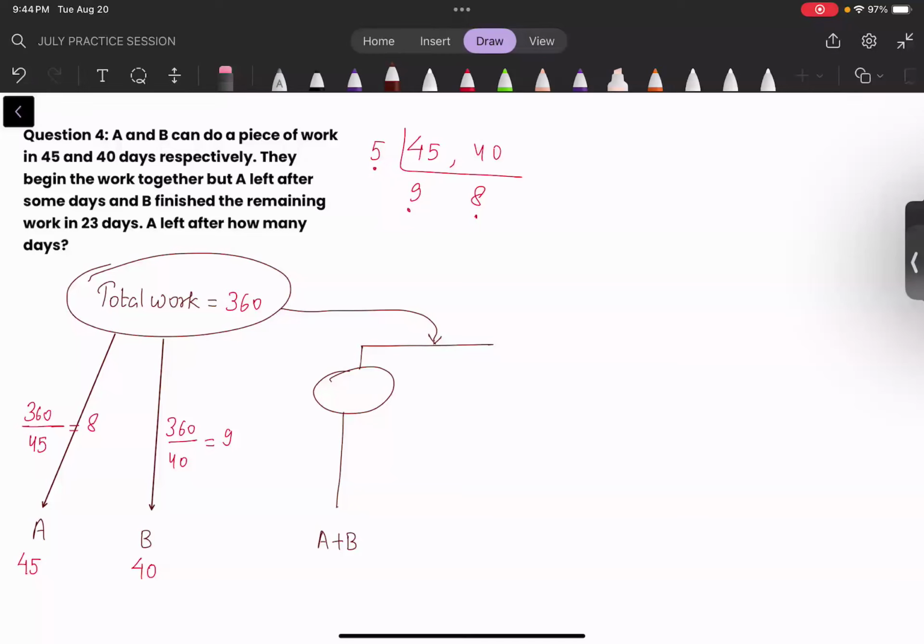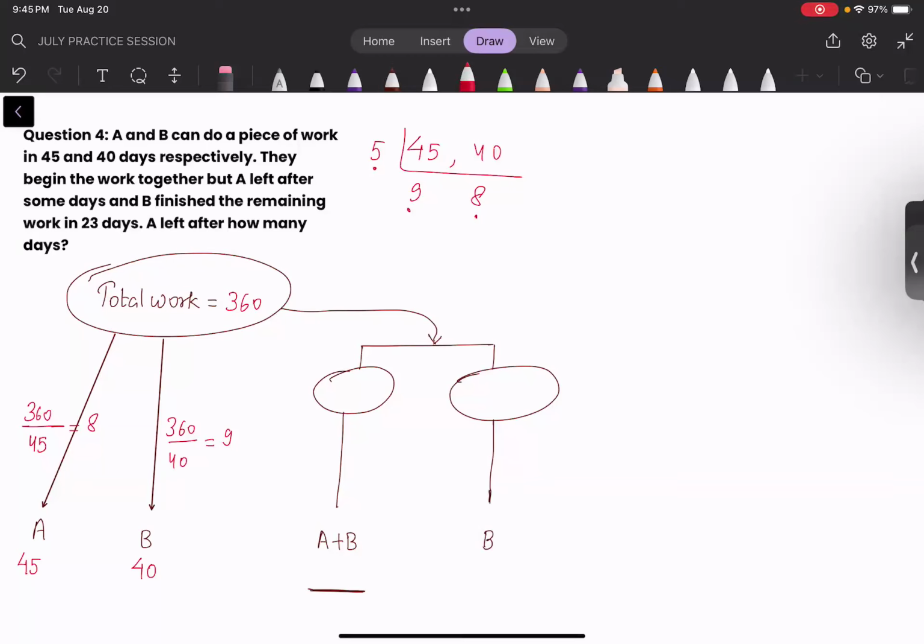For how many days did they work? I don't know. But A left after some days. Okay. So after a certain number of days, A left. So A left, that means only B will be working. Yes or no? Carefully answer.